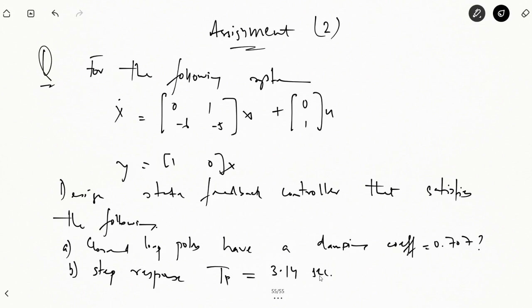Fine. We have been given that zeta is 0.707 and Tp is 3.14 seconds. So using these two values, you already have zeta equal to 0.707. From the formula of Tp, you can get the value of omega n. So you can get the desired characteristic equation, compare it with the characteristic equation of the state feedback control system. You will get your values of K1 and K2.